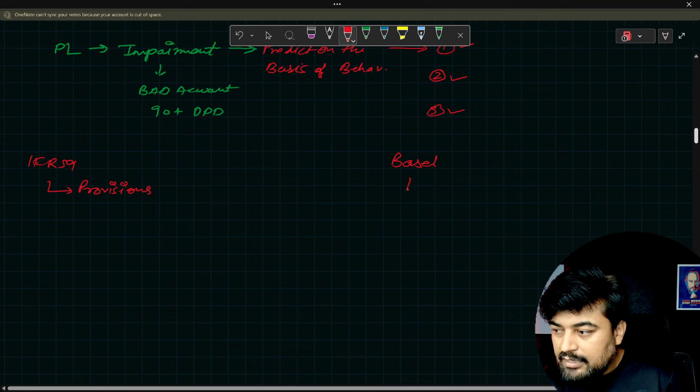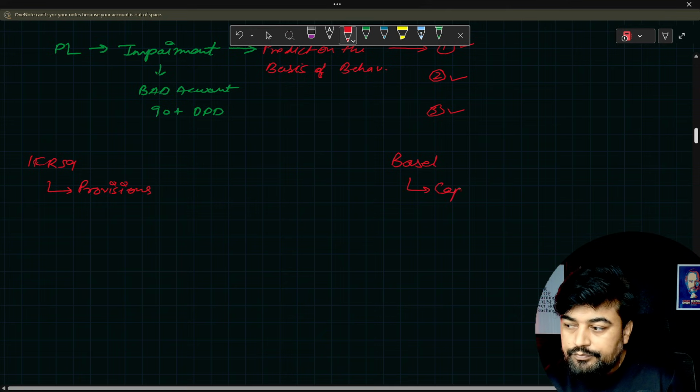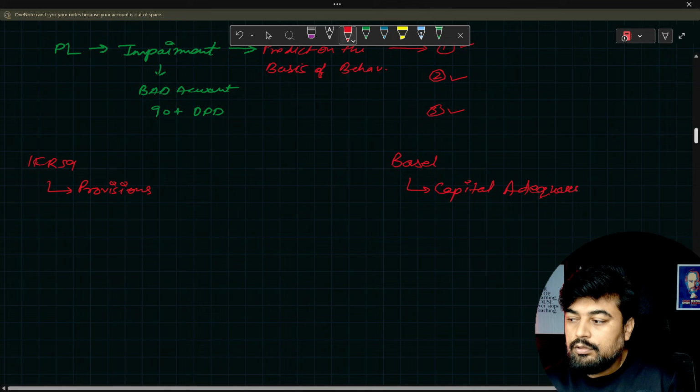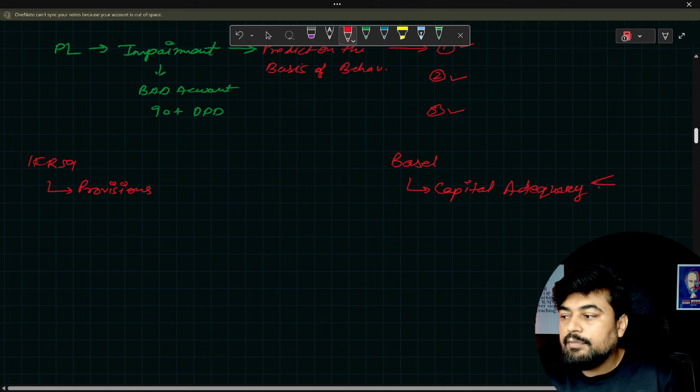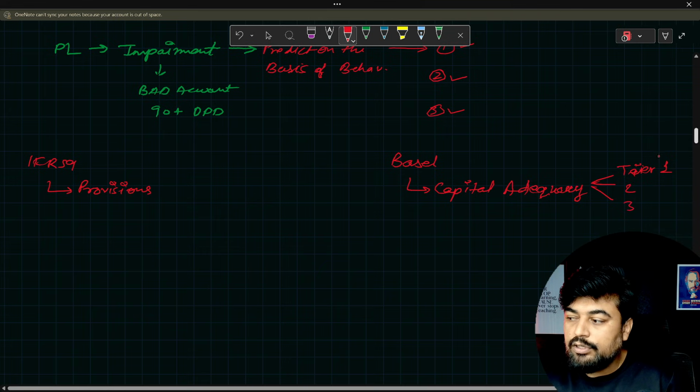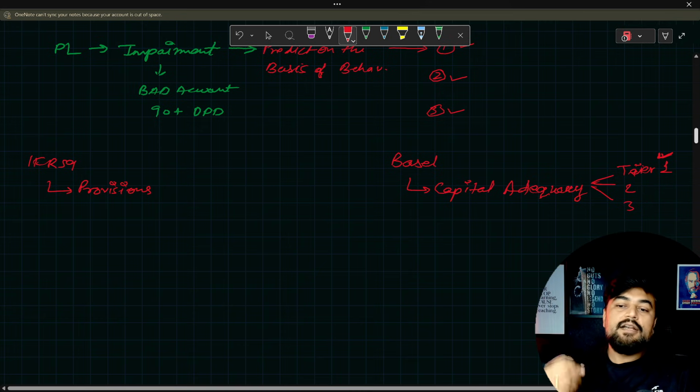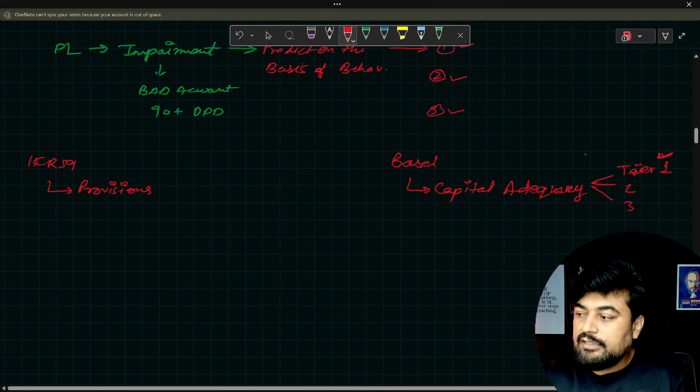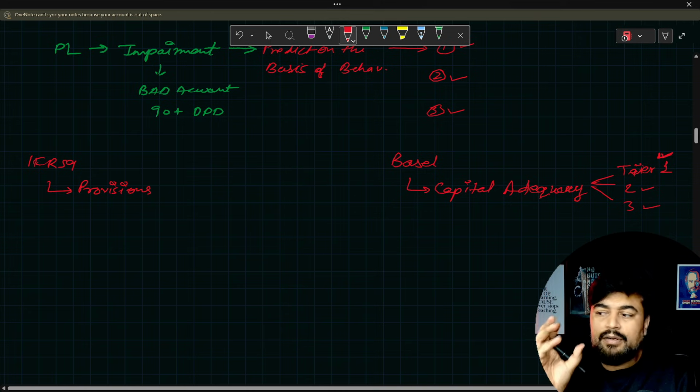While your Basel model works on capital, it talks about capital adequacy. And it asks you to keep the capital in tiers: Tier 1, Tier 2, Tier 3. Tier 1 is known as equity capital. And what is Tier 2 capital? When you utilize 100% of the Tier 1 capital, that is equal to Tier 2 capital. Tier 3 capital is the subsequent amount of capital, which is very small.